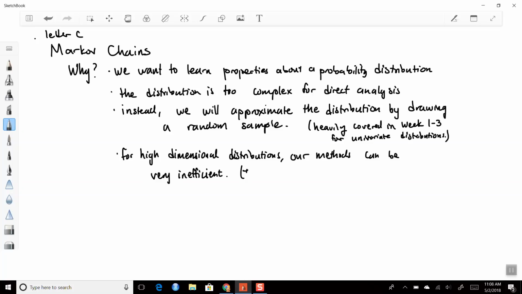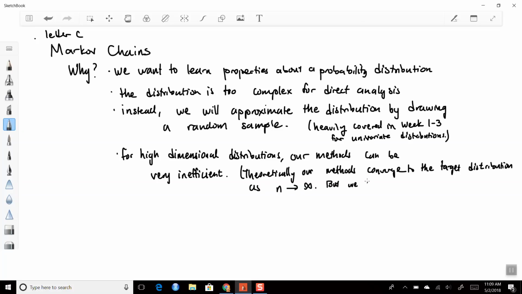So theoretically, our methods converge to the target distribution as n approaches infinity, okay?